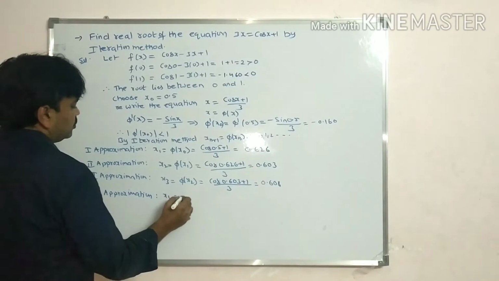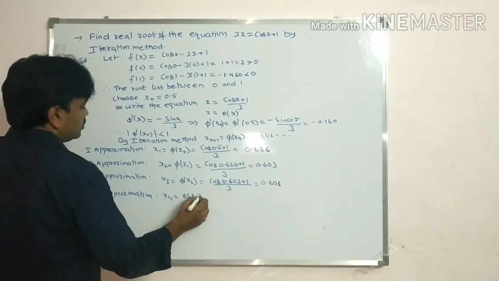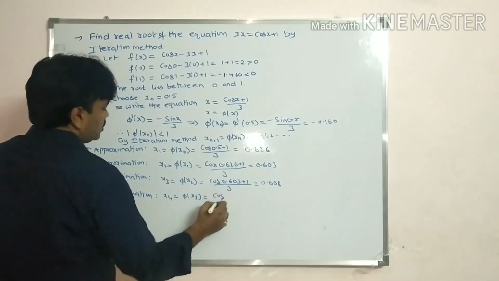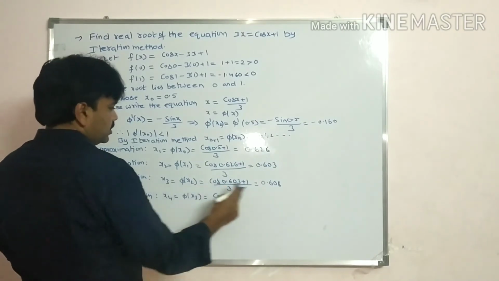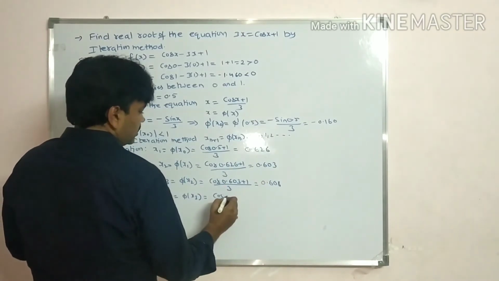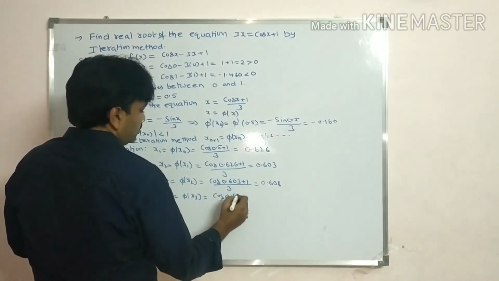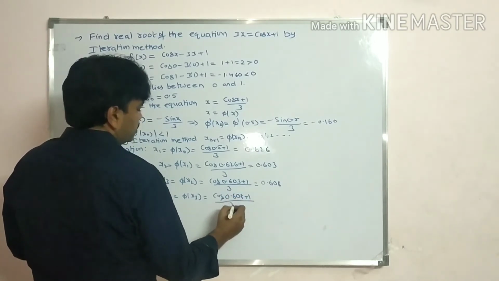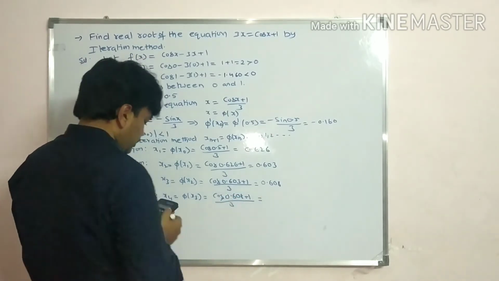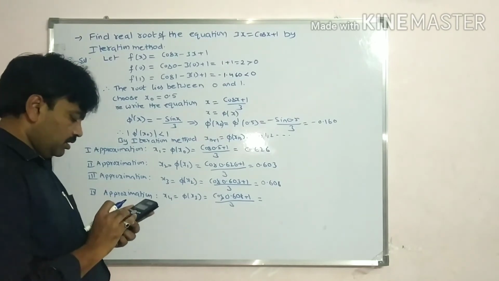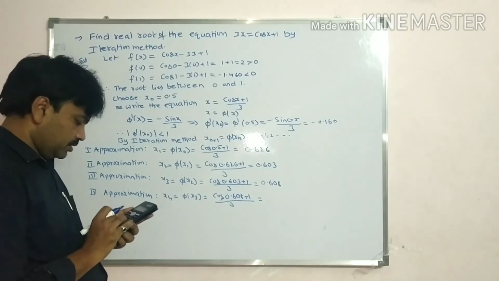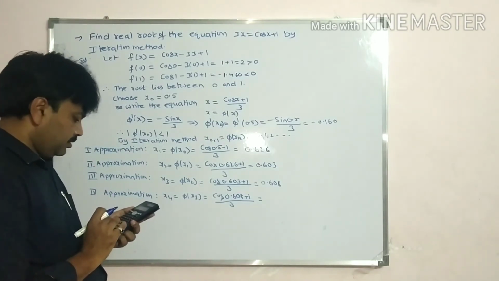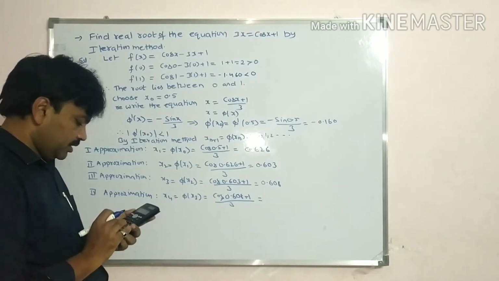Now the fourth approximation. x4 is equal to phi of x3, so that is cos of x3. What is x3, students? 0.608. So (cos 0.608 plus 1) by 3. Again bracket cos, you press answer, plus 1 bracket close divided by 3.